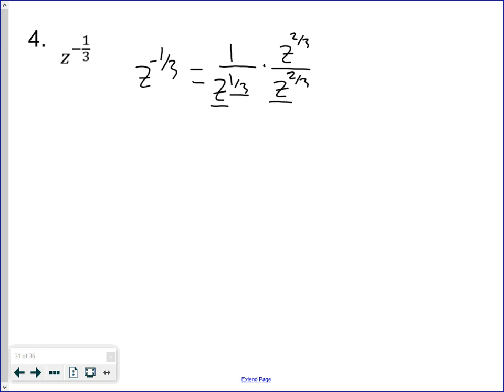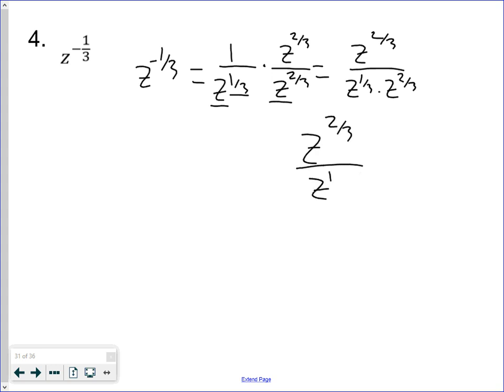And that's because if we multiply this out, we get z to the 2/3 all over z to the 1/3 times z to the 2/3. And on the bottom, we're multiplying two terms with the same base, so we add the exponents. So we end up getting z to the 2/3 all over z to the first power. And that's our problem rationalized.